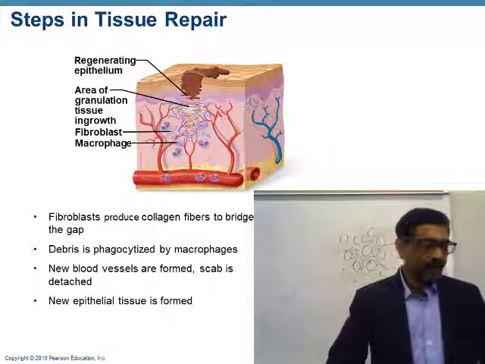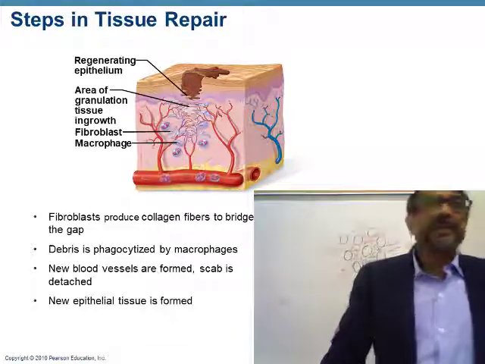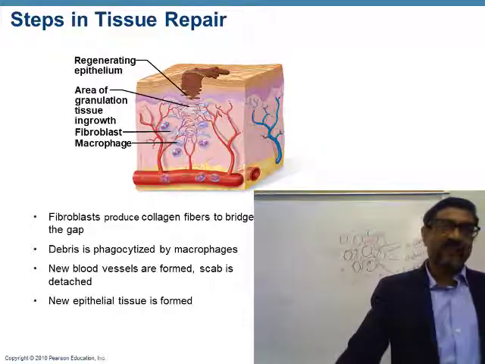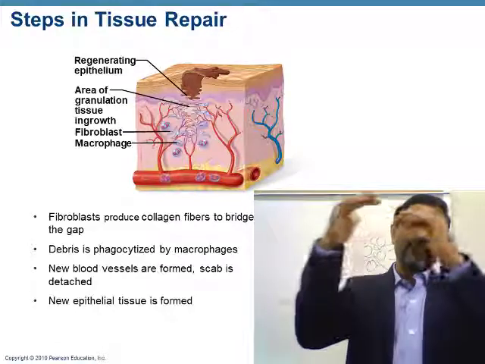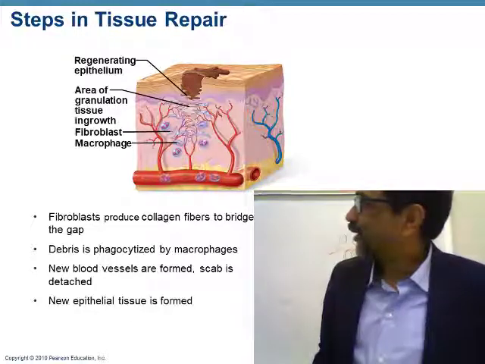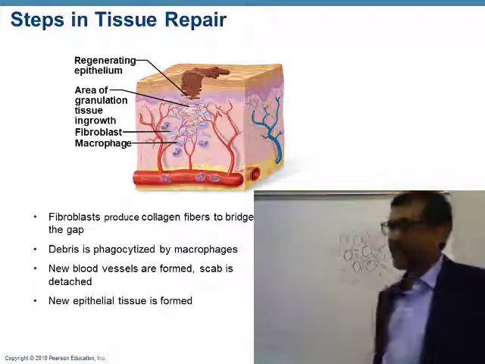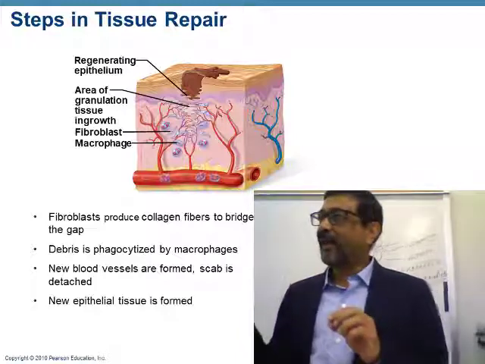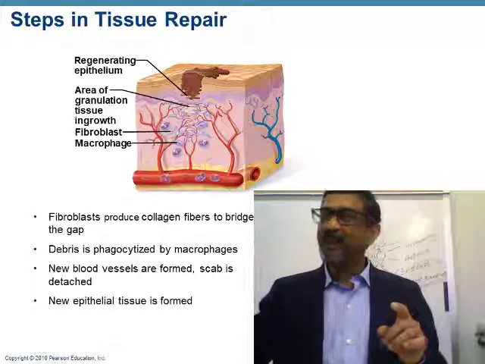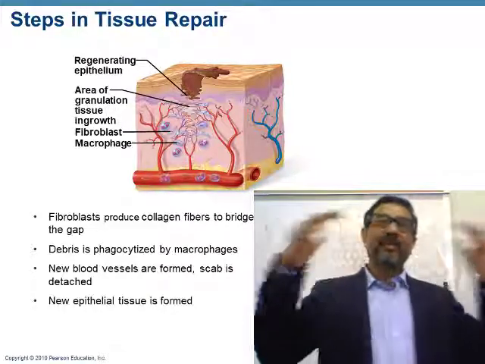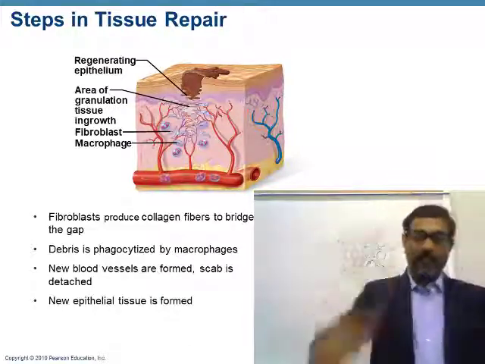First, collagen fibers are produced in that area that fill the gap. Collagen fibers are produced by the fibroblasts, you must remember, and the name is telling you: fibroblasts, right? Fibro means these cells produce fibers. So the fibroblasts will produce collagen fibers that will fill the gap.